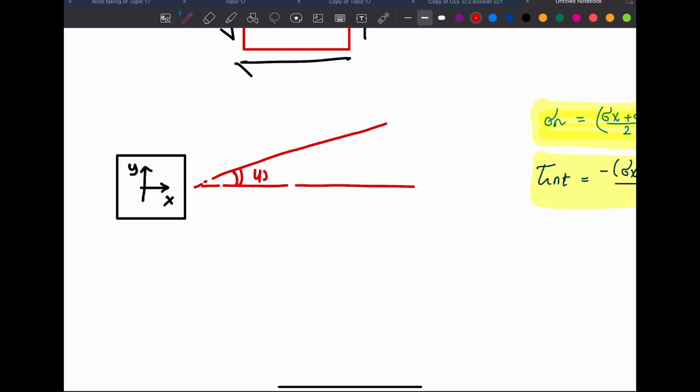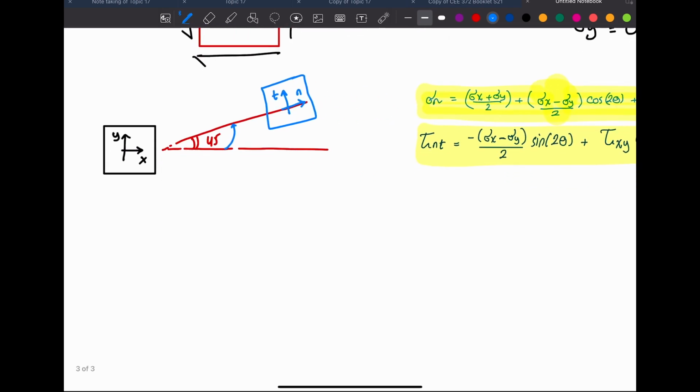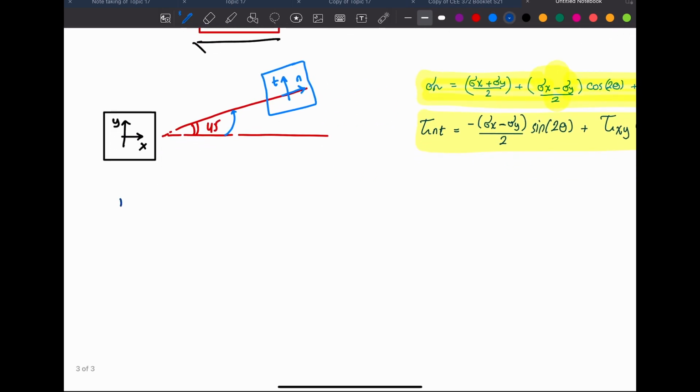It's positive 45 degrees, so it's counterclockwise. And here is the new element. I'm rotating from X, it's going to go to N, and perpendicular to N is T.